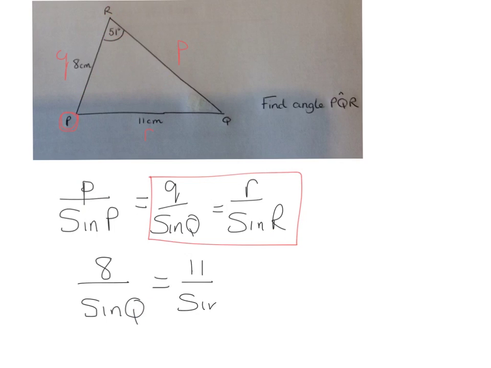If you remember in class, the quickest way to solve this part is to cross multiply. So 8 is multiplied by sine 51 and 11 by sine Q. I would advise that you multiply this first, and that means you've got your unknown on the left. So you've got 11 sine Q is equal to 8 sine 51.